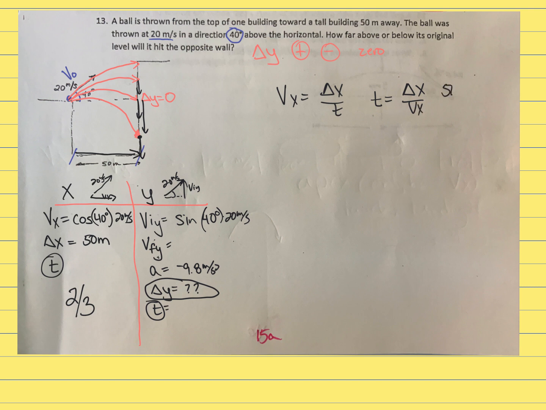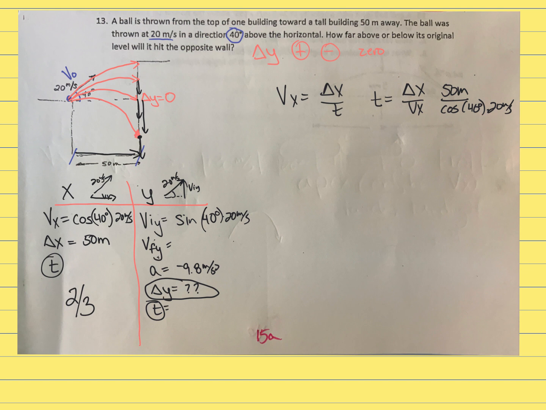So I get 50 meters over cos 40 times 20 meters per second. Let's try that again. I think I messed up.